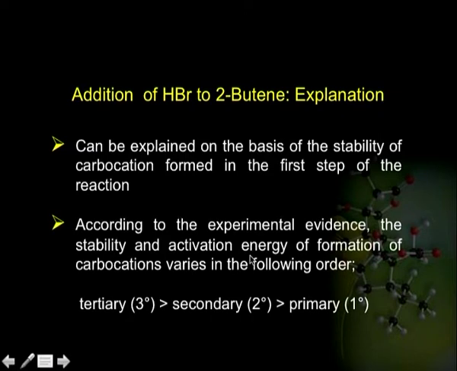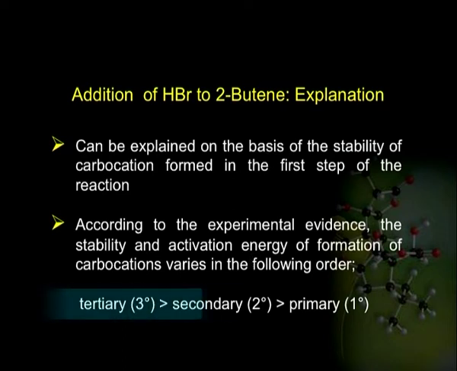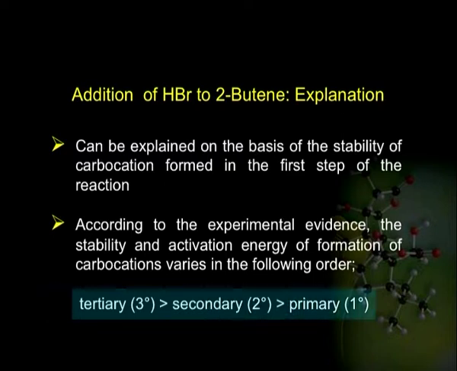According to the experimental evidence, the stability and activation energy of formation of carbocations varies in the following order. Tertiary carbocation is more stable as compared to secondary carbocation, which is more stable as compared to the primary carbocation. The two effects, that is inductive and hyperconjugation, explain the stability of the carbocation.